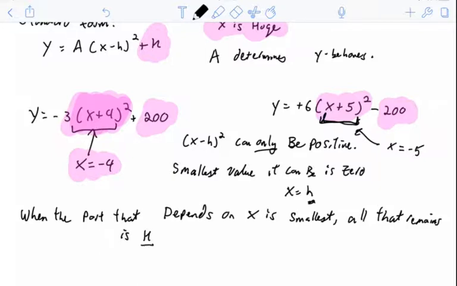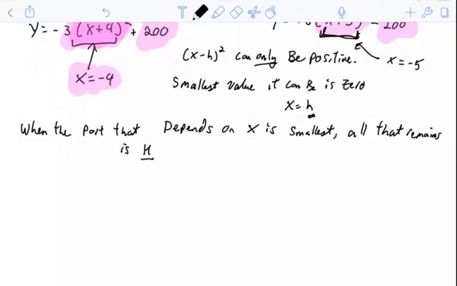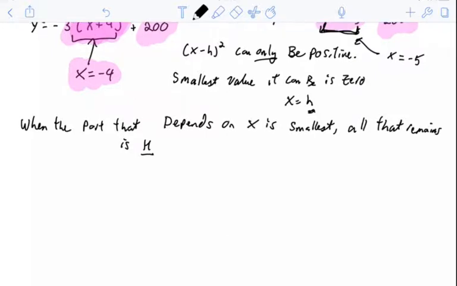That constant at the end is going to be either the maximum or the minimum of the function's outputs. It's the smallest it can be or the biggest it can be. Let me elaborate on that a little bit more. We'll do some specific examples.